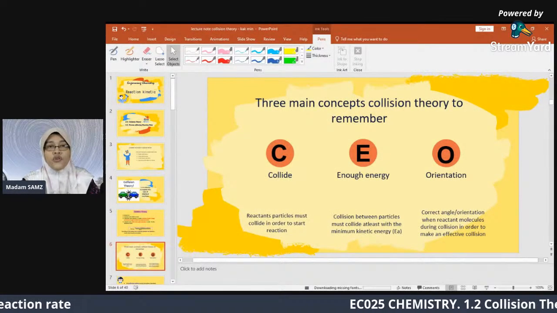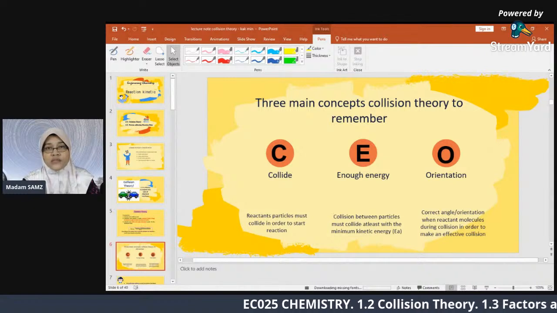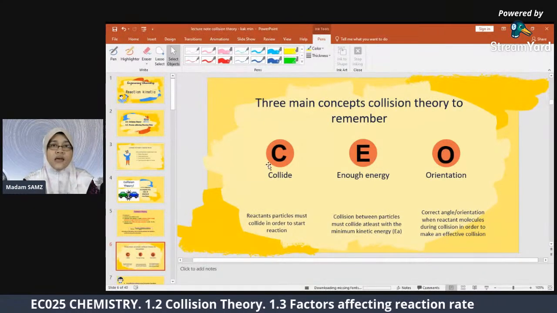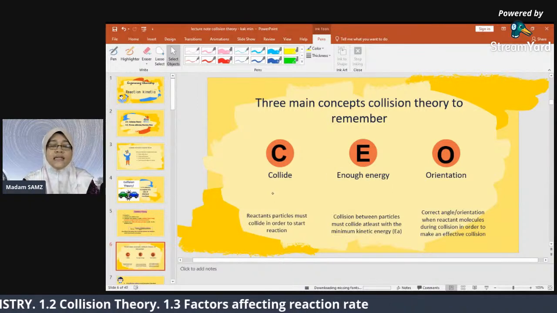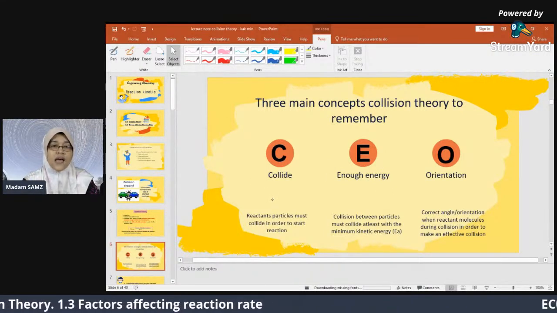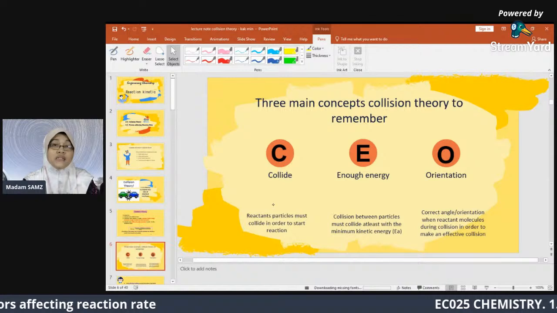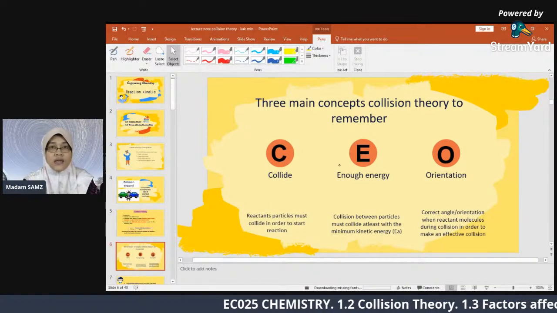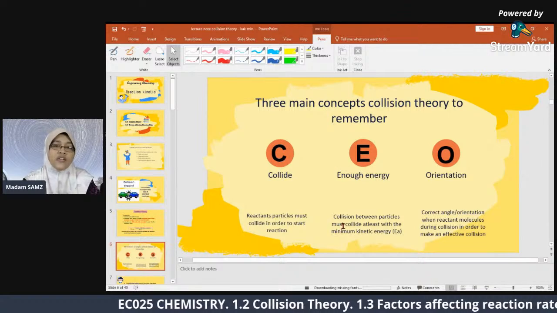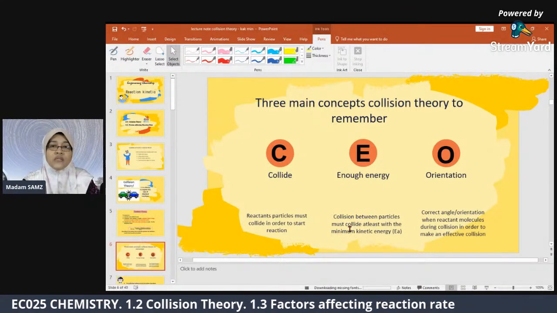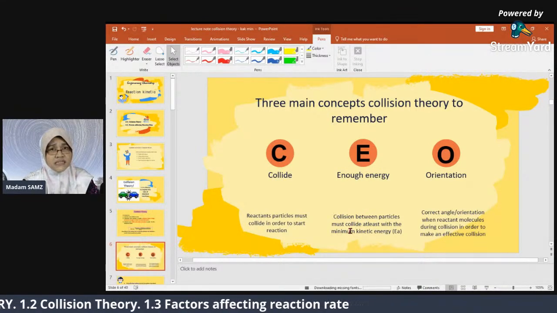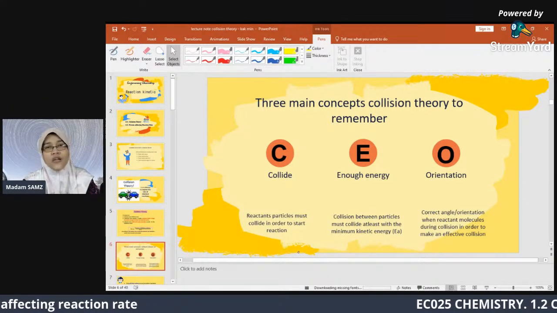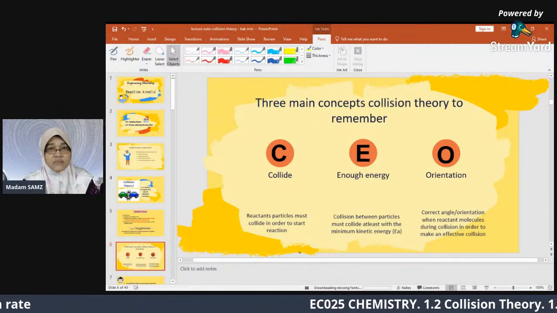You can see here the 3 main concepts of collision theory to remember are C, E, and O. C is collide. What is collide? Collide means reactant particles must collide in order to start reactions. E is enough energy. Enough energy means particles of reactants must collide with at least a minimum kinetic energy that we call Ea as the symbol.